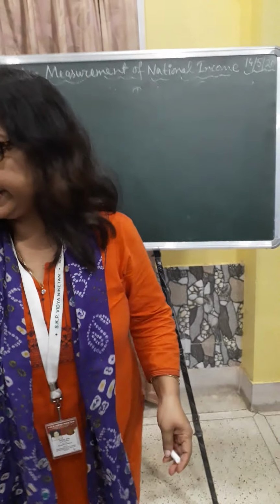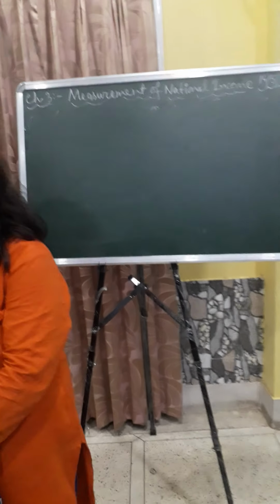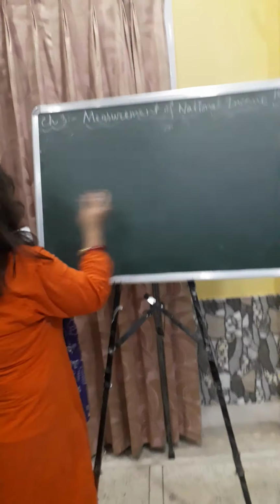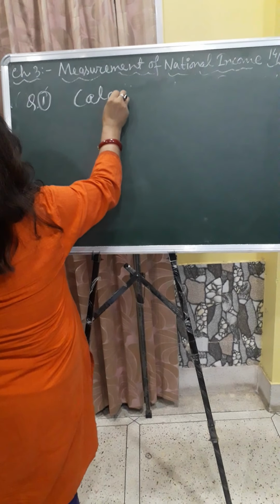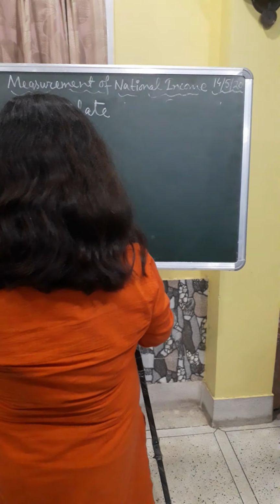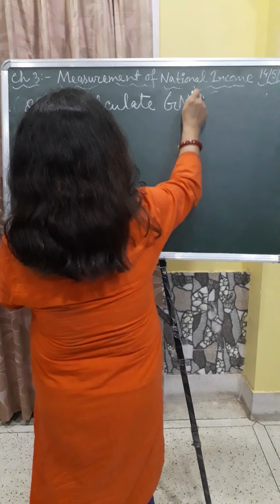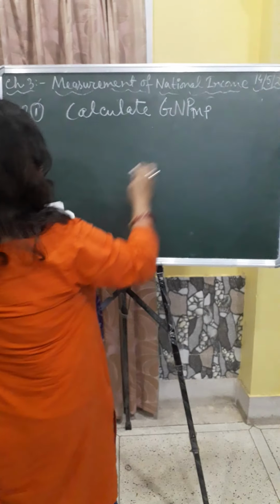So how to calculate? Now I am going to write the numericals here. Calculate GNPMP, gross national product at market price.